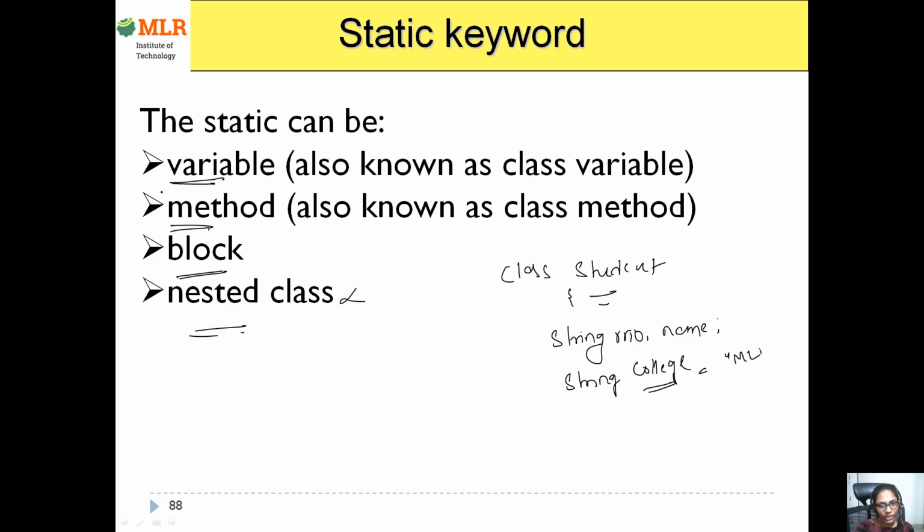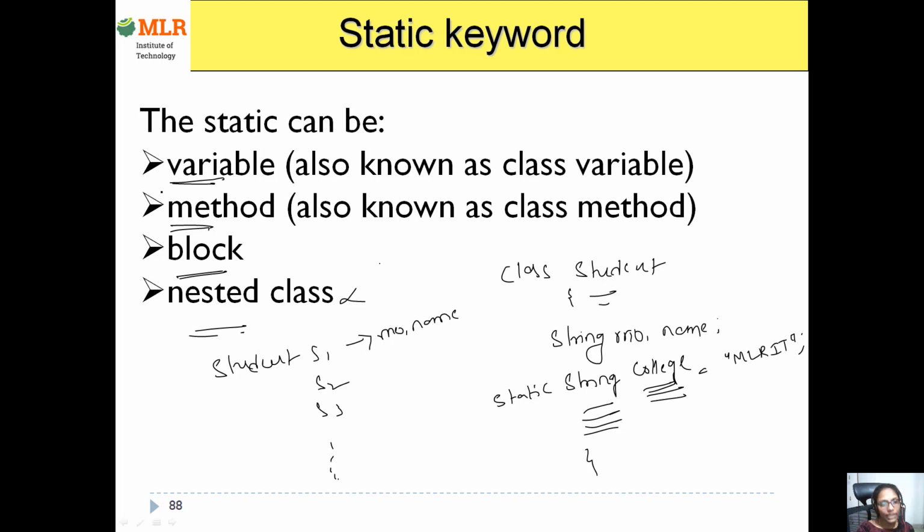Here I am writing the college name as MLRIT, and I am declaring this college as static. Now I have some methods here. Whenever you declare objects for student S1, S2, S3 and so on, for each student the roll number and name will be different, but the college name will be the same.